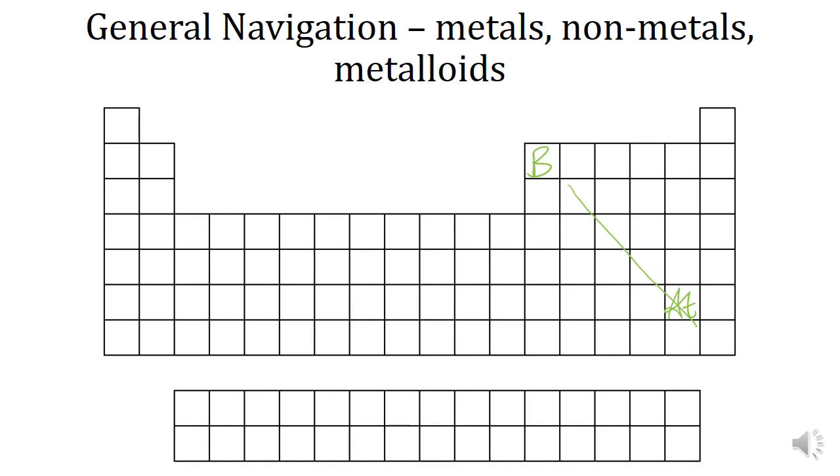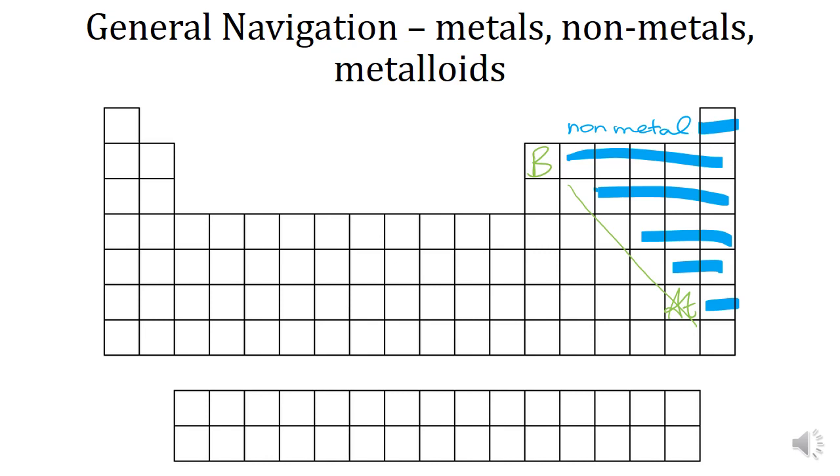That line is the line of the metalloids. So everything on the right-hand side of these guys is a non-metal. And yes, helium is included in that.